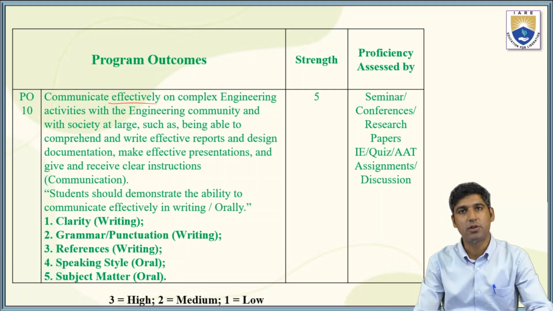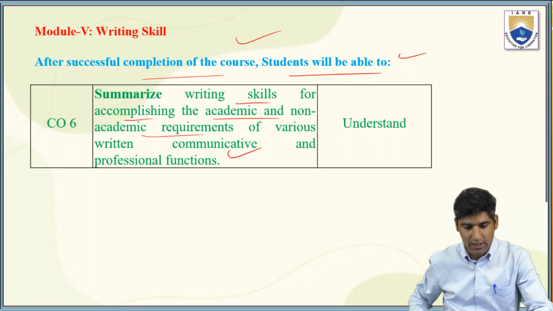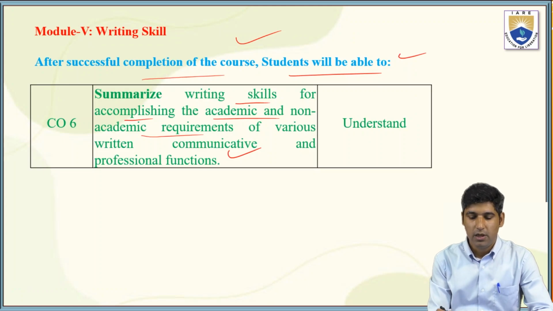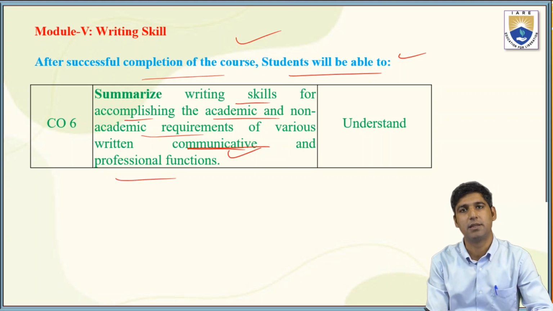So this is the program outcome. Now what is the course outcome? The course outcome is to make you communicate effectively in your profession or within academic or non-academic circles.